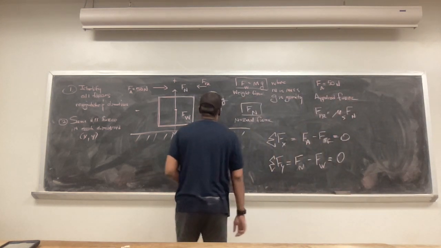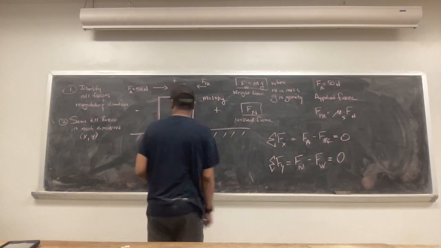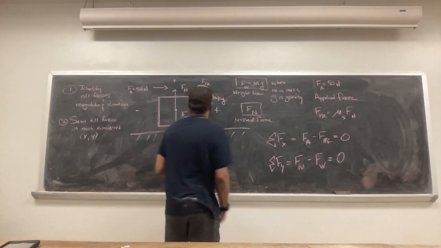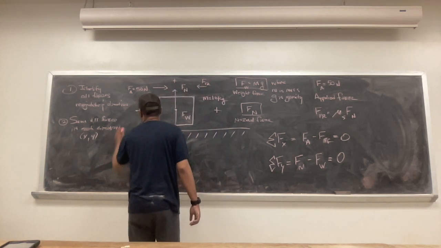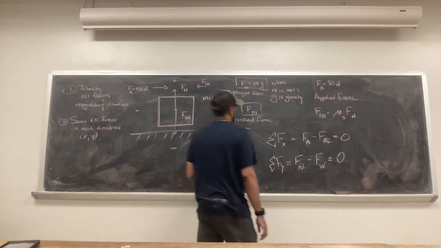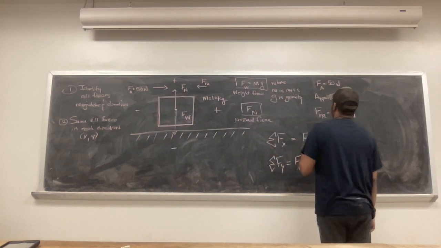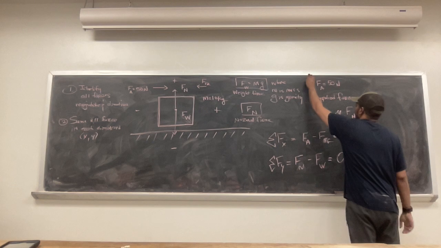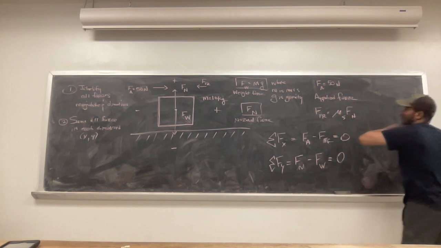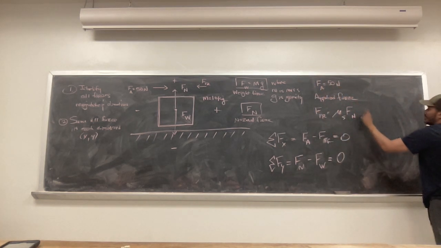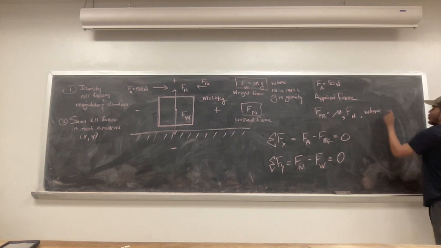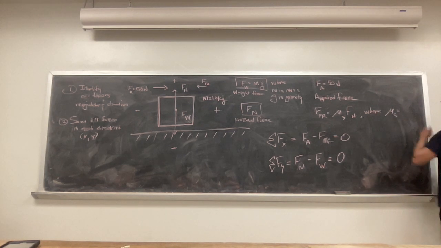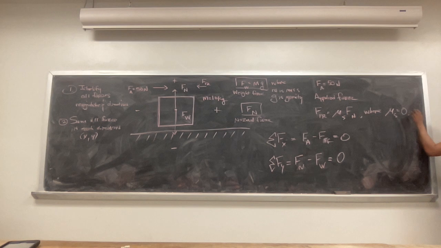So let's assume that the static friction is mu of S. Let's write over here now, because this will be our givens right here. So let's say where mu of S is equal to 0.4.